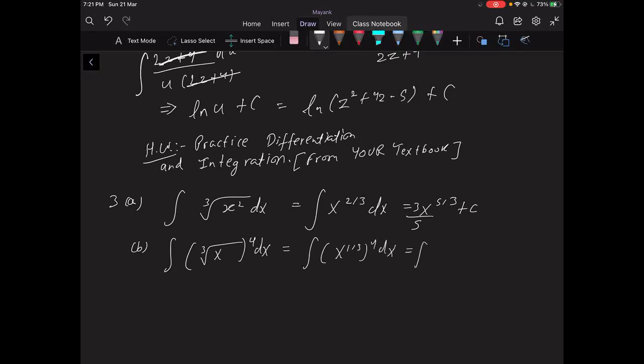So we'll then make it x to the power 4 by 3, which would then give you x to the power 7 by 3 upon 7 by 3 plus c. Right? Yes, sir. Okay.